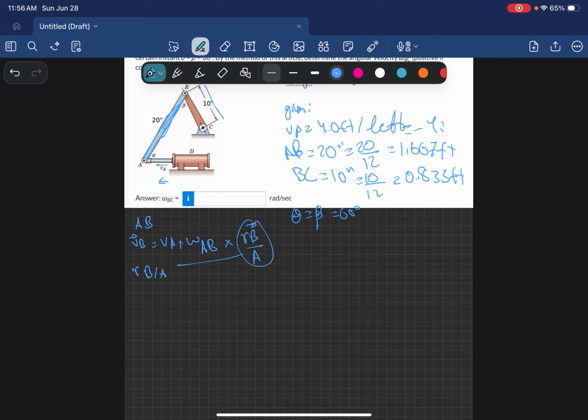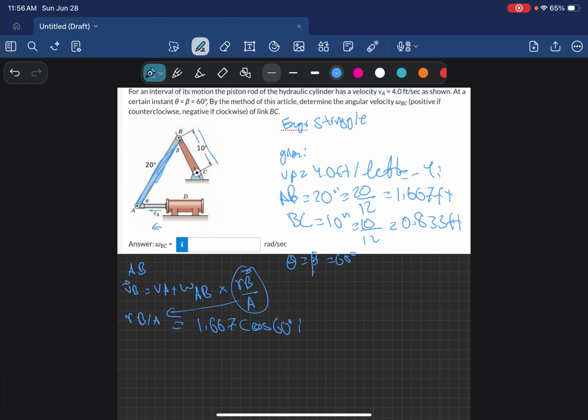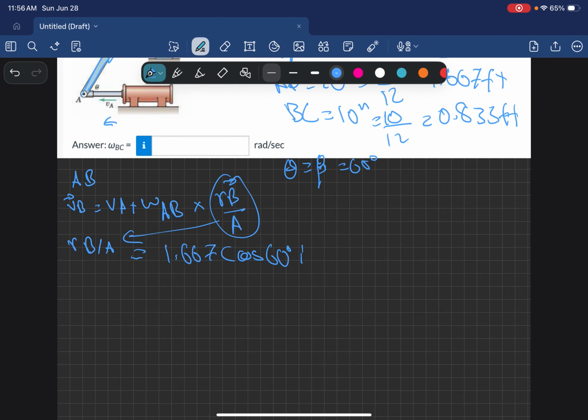This part is going to equal 1.667 cosine of 60 degrees i, 60 degrees because of the beta. Cosine because I believe it's on the x-axis, so cosine 60 i plus sine 60 j.